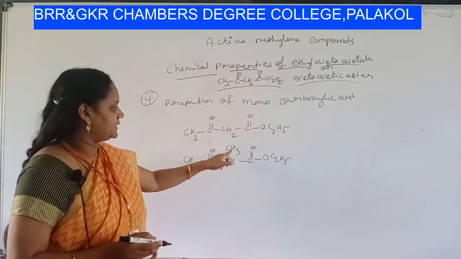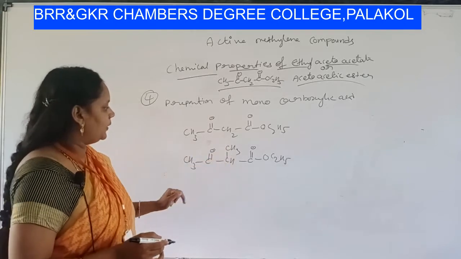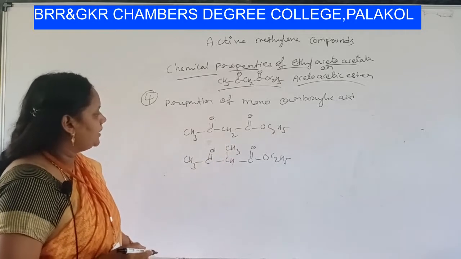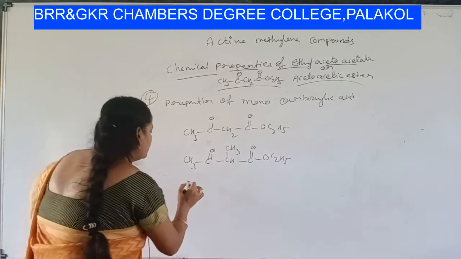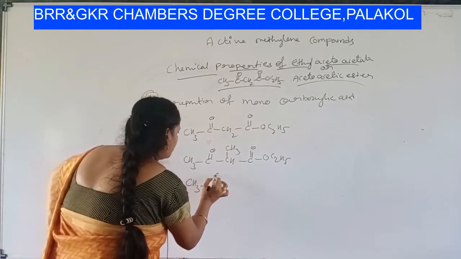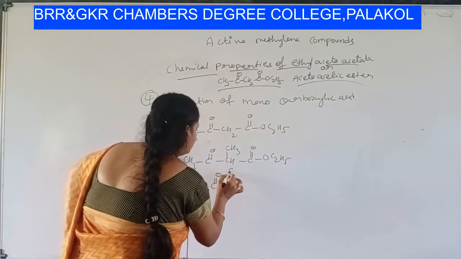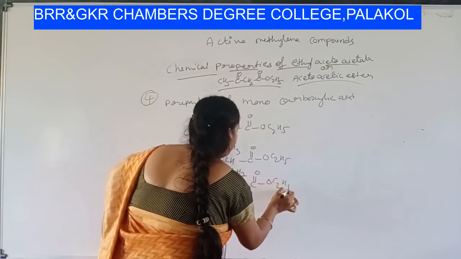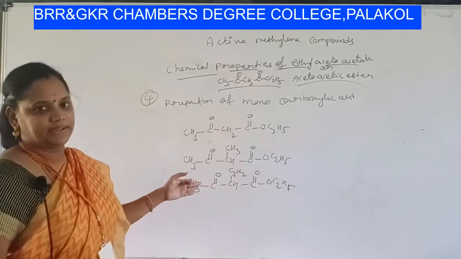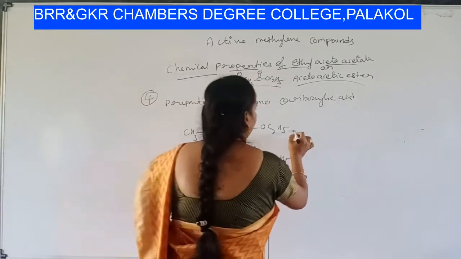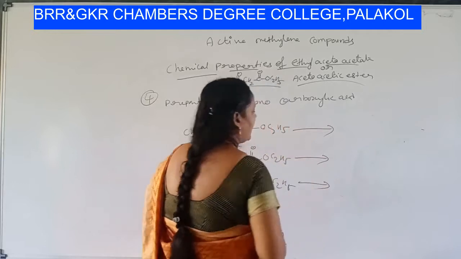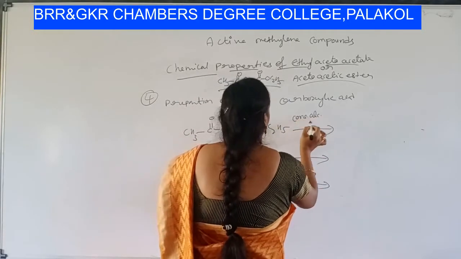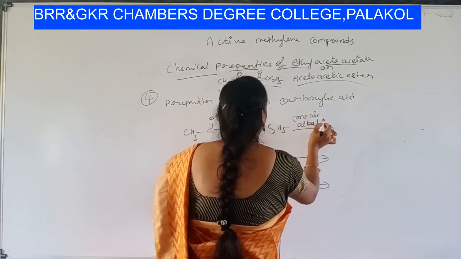I have taken CH3 here to prepare, I hope, propanoic acid. Next, CH3, C double bond O, CH, C3H7, C double bond O, OC2H5 to prepare valeric acid. Let us prepare. For all these preparations, we have to treat it with concentrated alcoholic alkali.